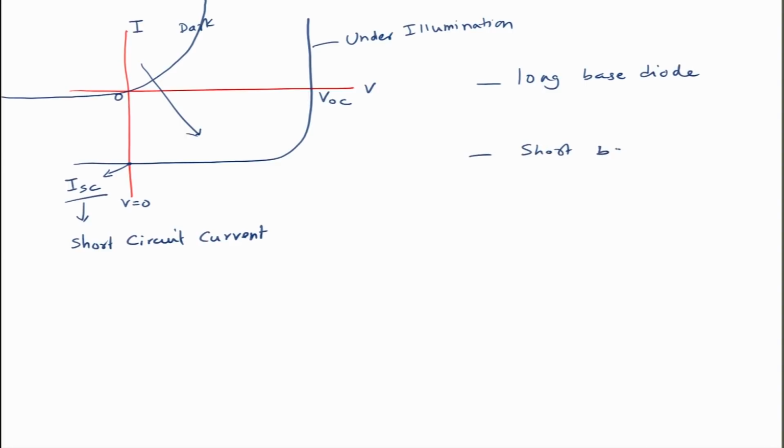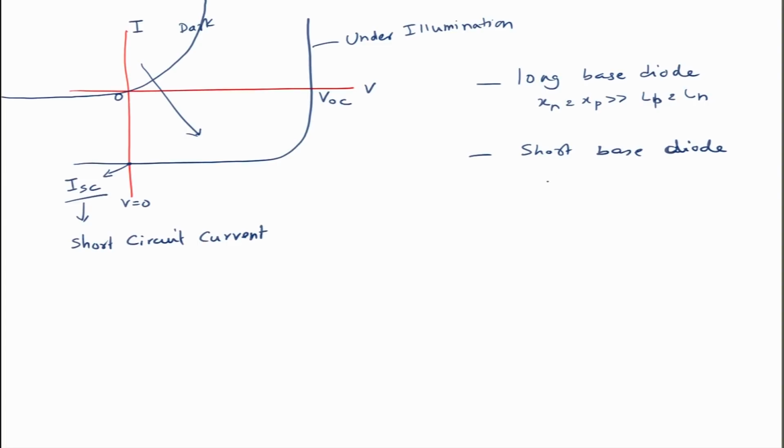So, which basically modifies the equations because in the long base diode, when the diode is very long, then you can say that Xn and Xp are much larger than Ln and Lp. As a result, surface recombination basically happens, and so everything will get recombined. So, as a result, you do not consider Sn and Sp because they would have anyway happened.